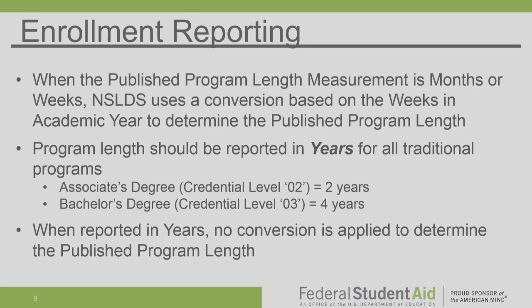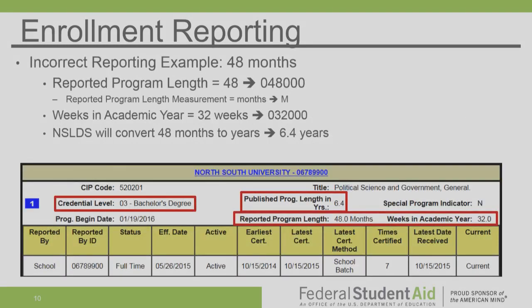And so it causes the result to be askew. For example, for a program that is 4 years, when you give it to us as 48 months, we calculate that out to be 6.4 years, because again, we're using a 32-week year in our program lengths.